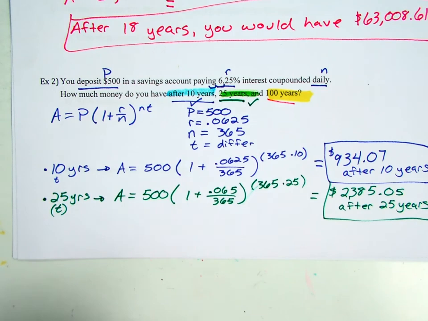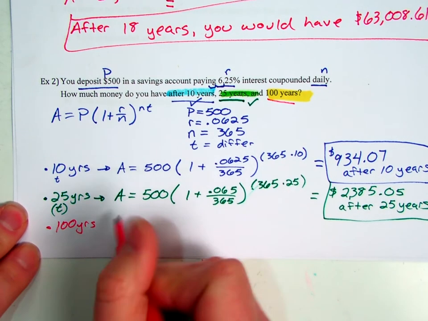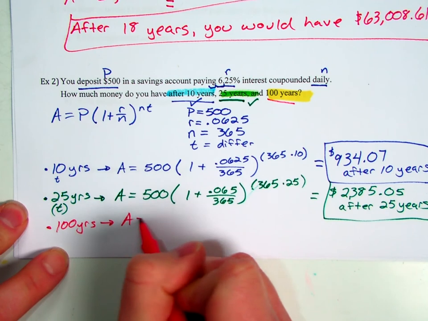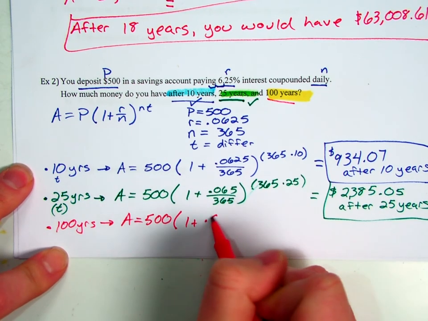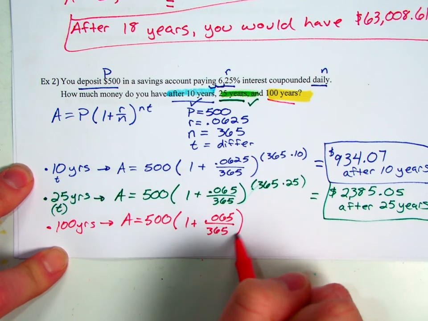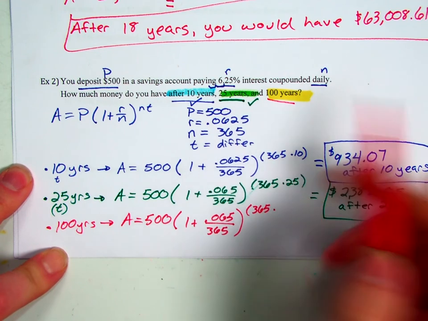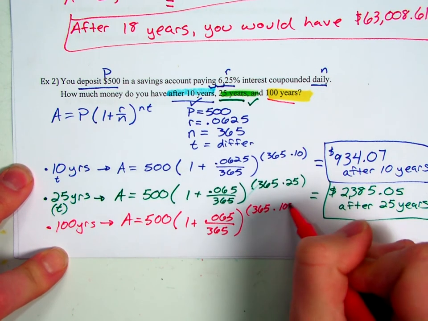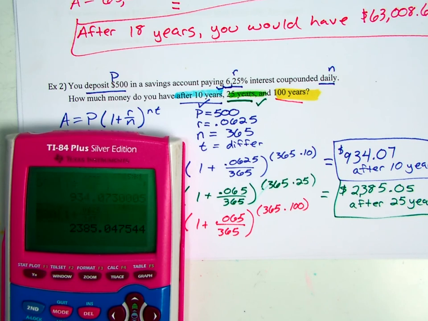And then I need to go ahead and do the third one, which is 100 years. So A equals 500, because remember this base problem is still the same rate, still the same amount of times compounded. The only difference is now instead of 10 or 25 years, it is 100. So I'm going to do that same thing on my calculator just to make it go quicker.